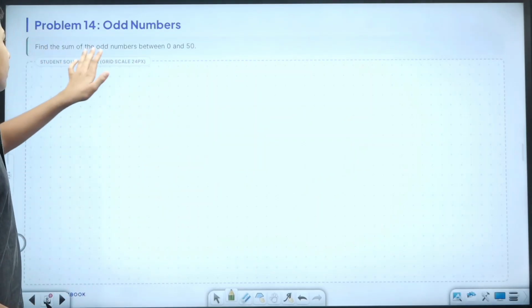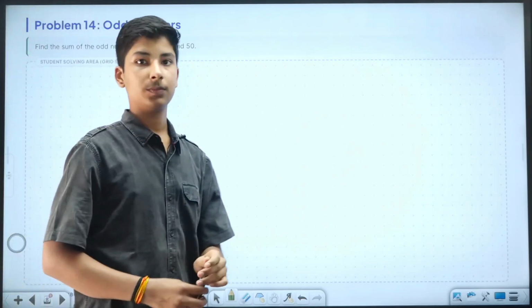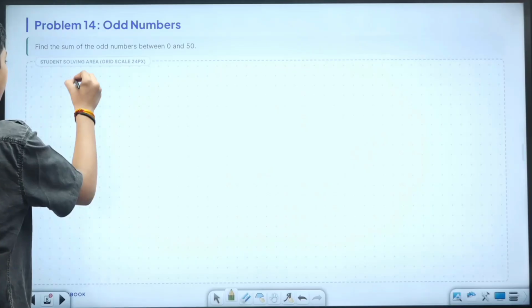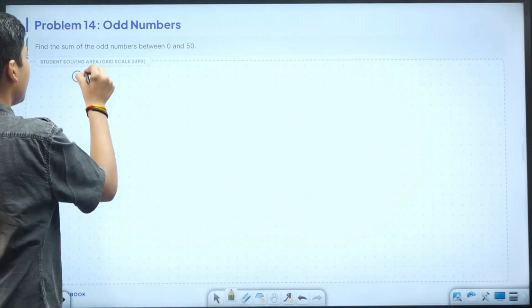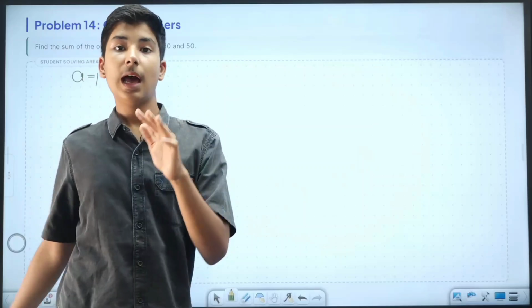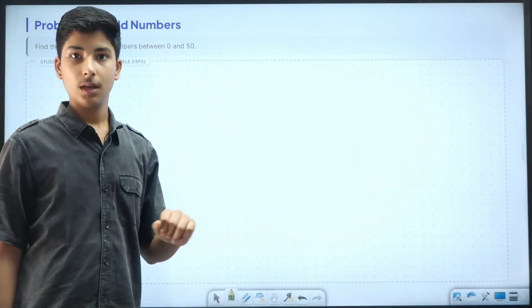Now here, find the sum of the odd numbers between 0 and 50. So obviously between 0 and 50, the first odd number is 1. So a will be 1. Now the last odd number in this sequence will be 49. How?